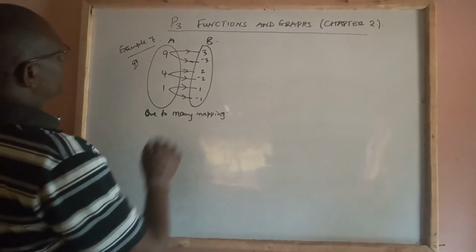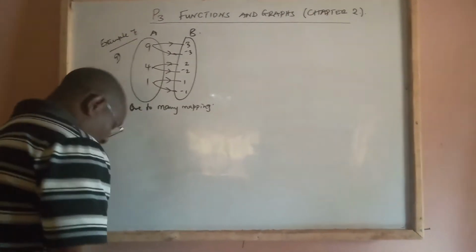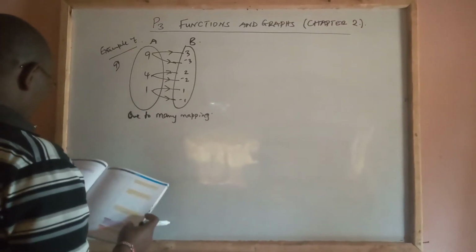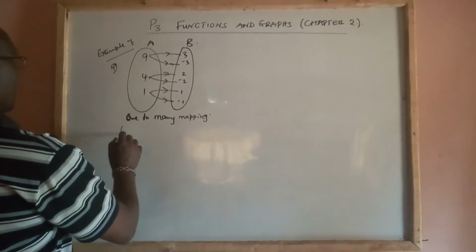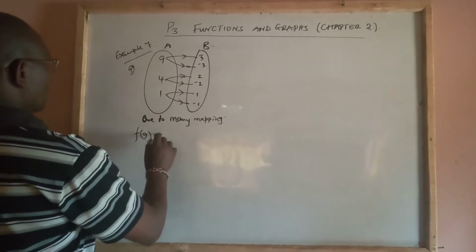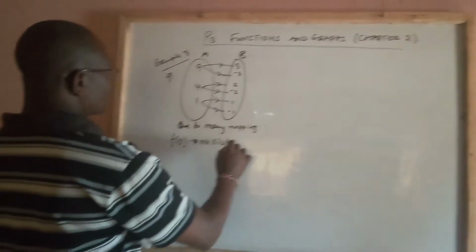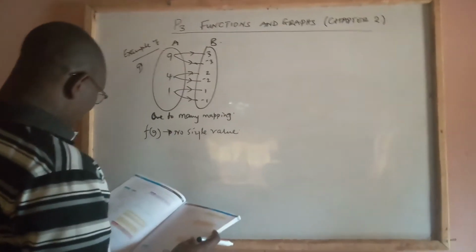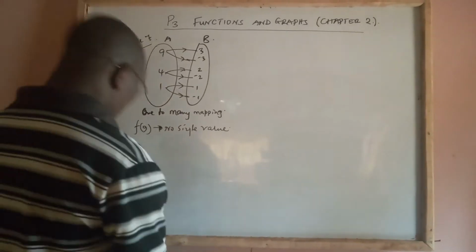We have one to many, and therefore it is not a function because you could not write down a single value. For example, if we have f(9), there is no single value, and that is why the mapping is not a function.